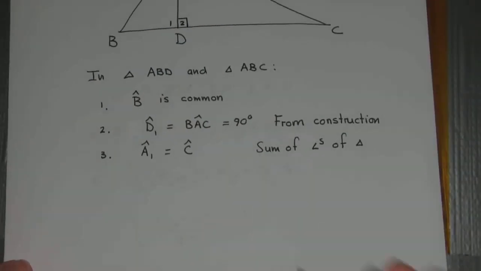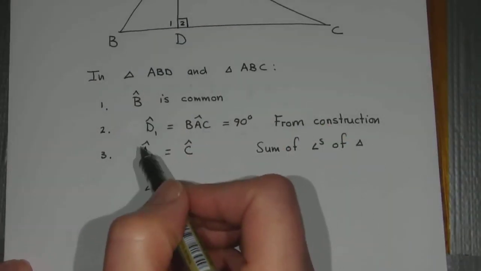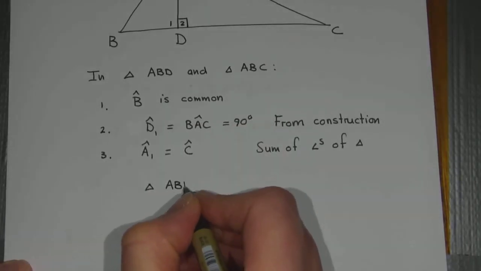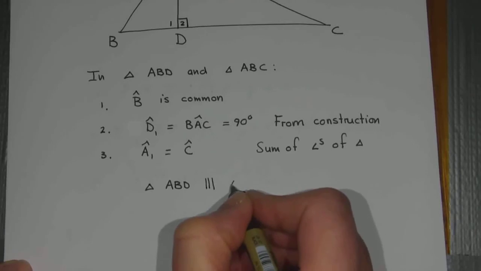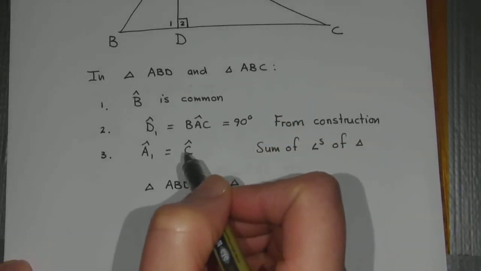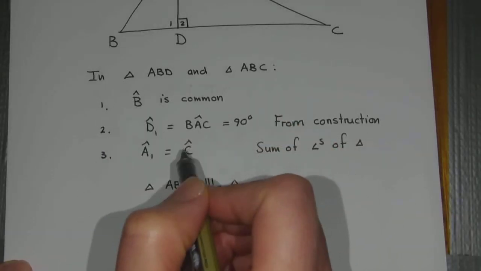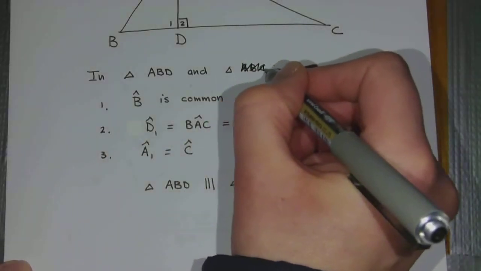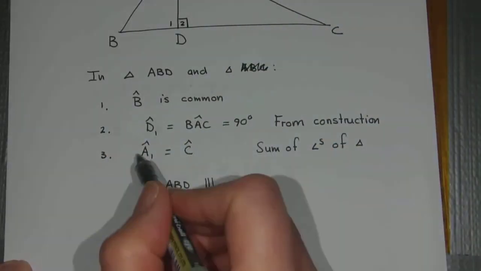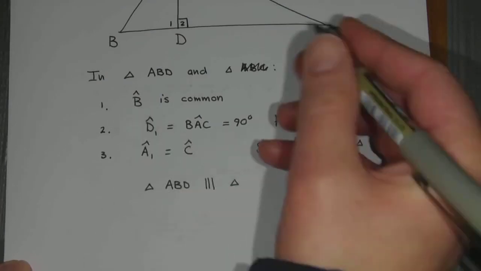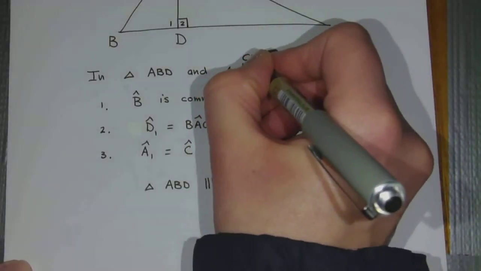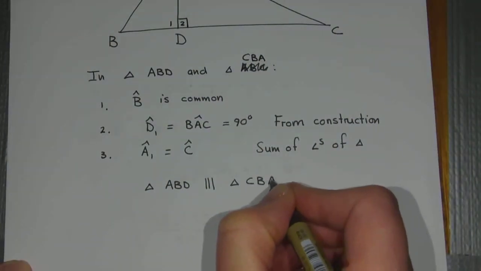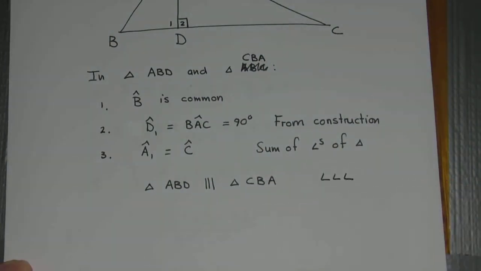Now, that means that triangle ABD is similar to triangle CBA. This was in the wrong order, sorry. ABD, CBA, because of angle, angle, angle.